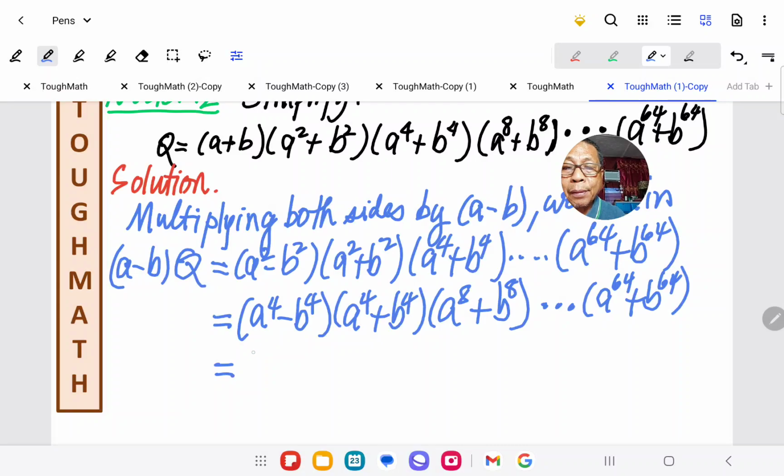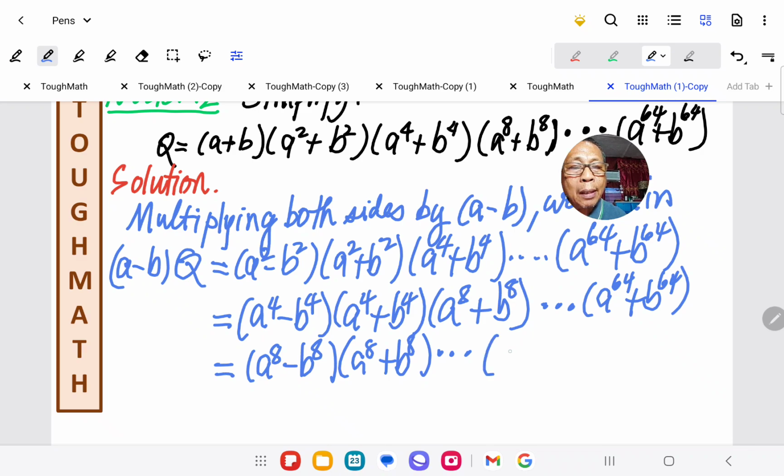And now we have A to the 8th minus B to the 8th times A to the 8th plus B to the 8th, and so on until the last factor A to the 64 plus B to the 64.